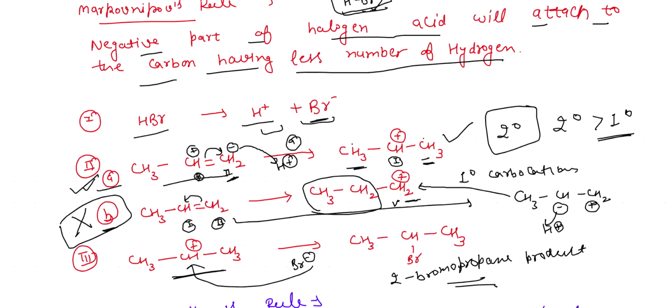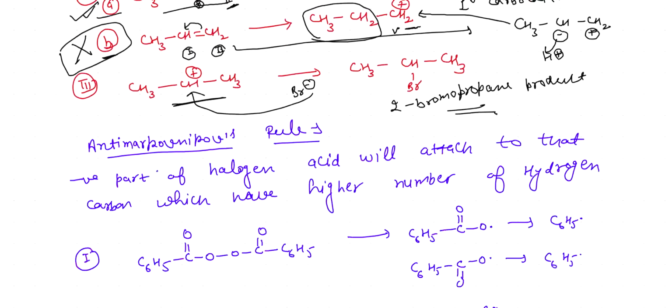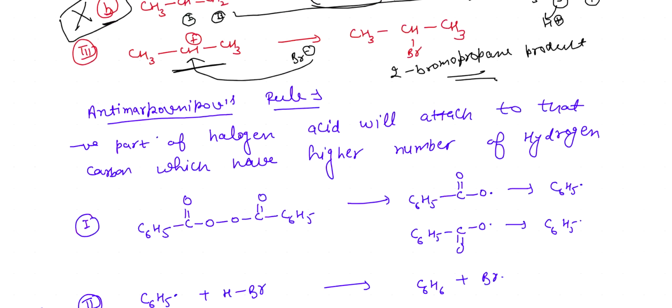Then anti-Markovnikov's rule. In the anti-Markovnikov rule, the mechanism followed is very different. The mechanism followed is through radical formation. In this case, the radical is generated. Why is the radical generated in this case? Because of the presence of benzoyl peroxide.